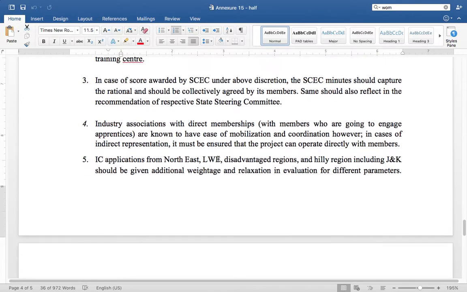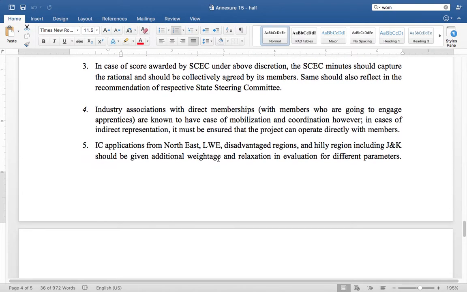Also, there is an important point we would like to mention here, that there are a few industry associations which work with direct members, and associations which work with indirect members. What we mean is that the industry association or cluster secretariat has a direct working relation with the members.